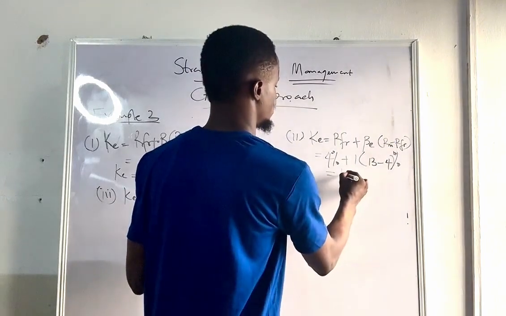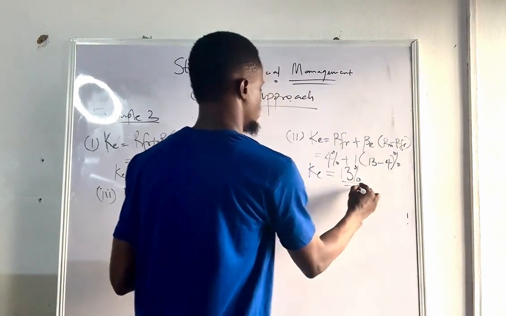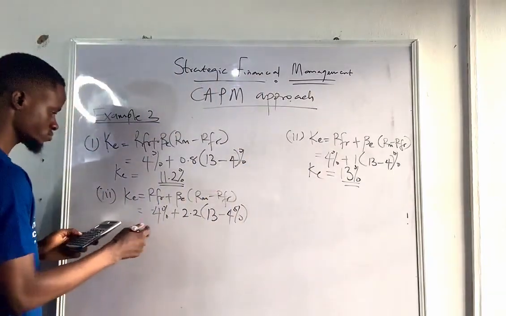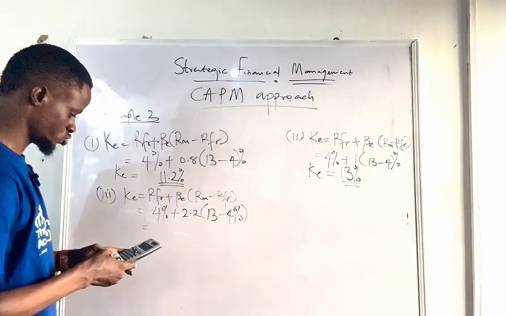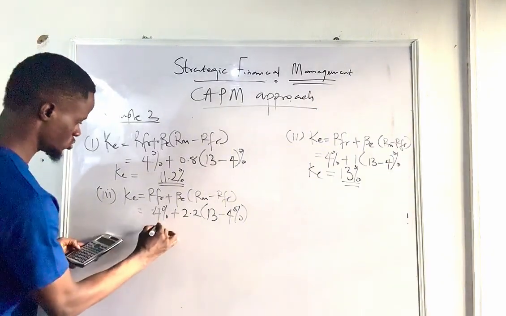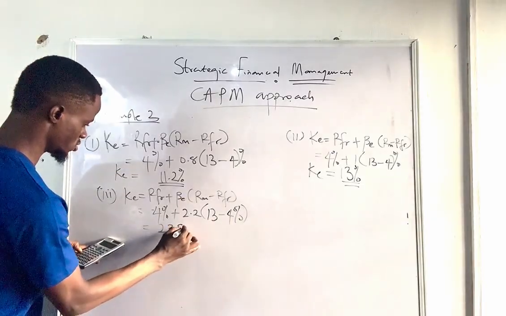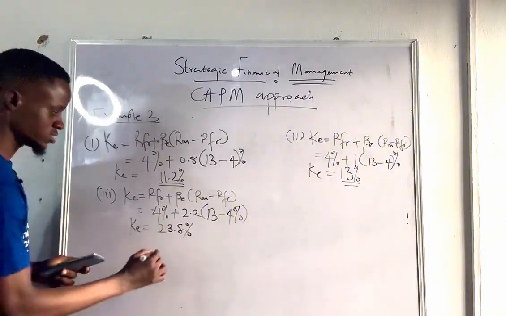This is 13%. 13 minus 4 times 2.2 plus 4. This is 23.8%. Can you see that?